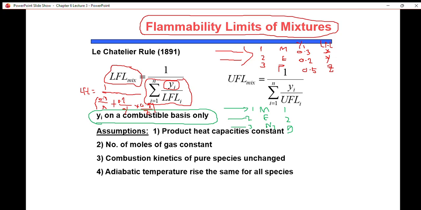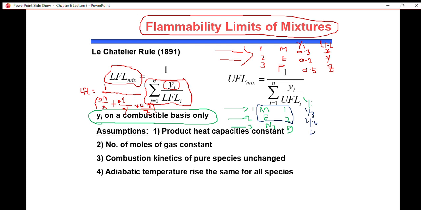Now when I calculate Yi, it will be based on the combustible fraction. Nitrogen is not combustible, so it's going to be out of your equation. I assume I have the total of these 2 components, so the total number of moles is 3, which means Yi for methane will be 1 divided by 3, and Yi for ethane will be 2 divided by 3.